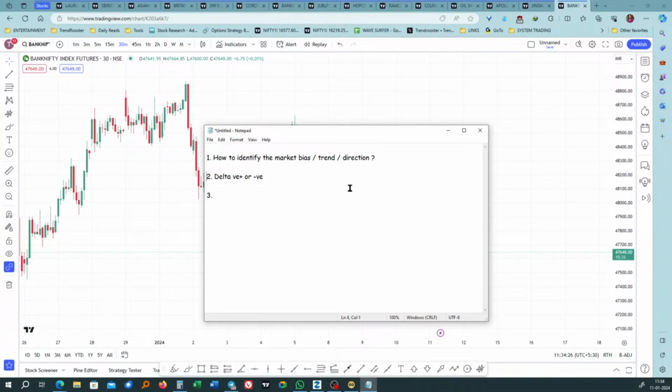Basically, delta here is not option delta; it is a net delta, or you can call it cumulative delta. You guys can see the text, right? Only the voice is an issue, but you are able to see the text and all, right?